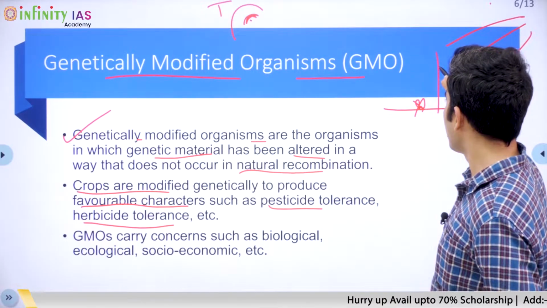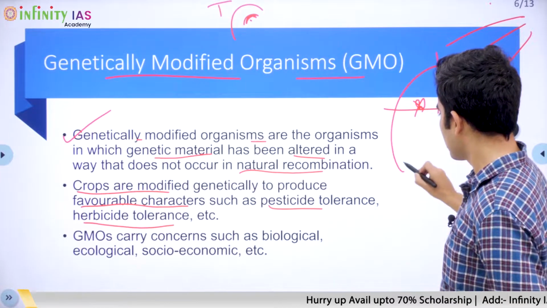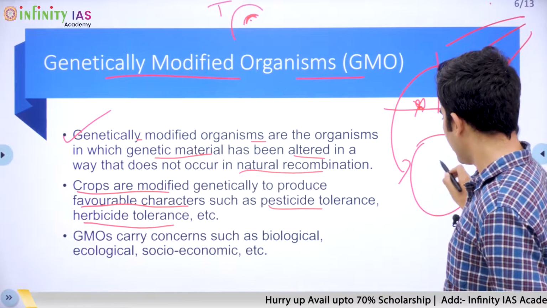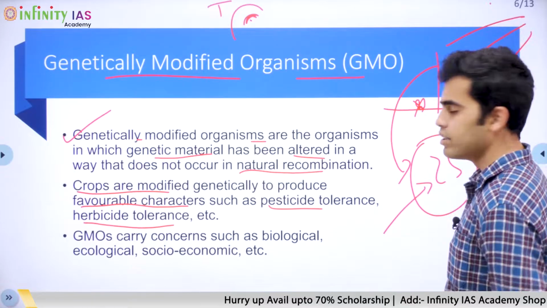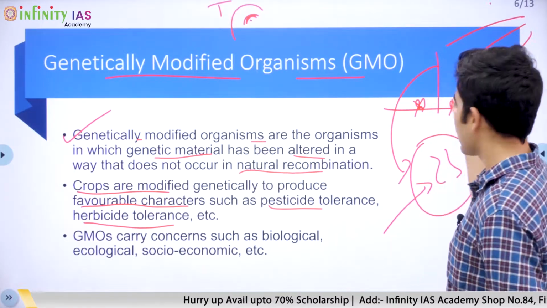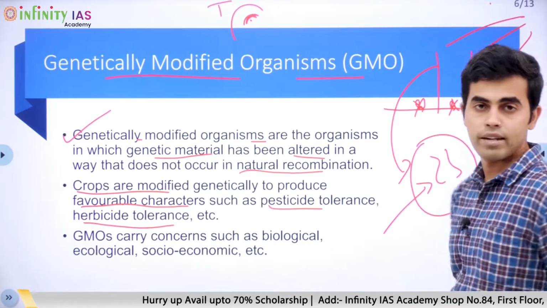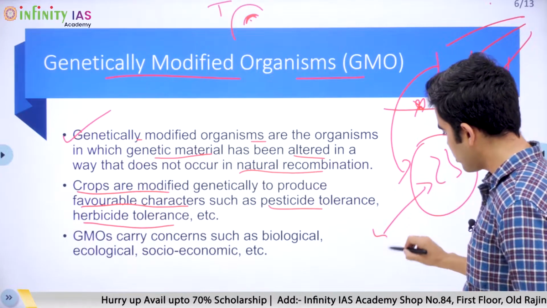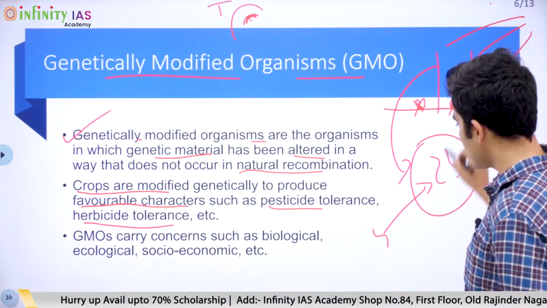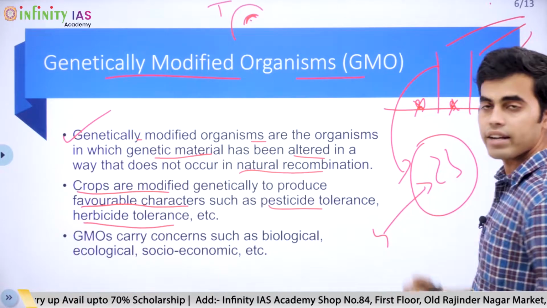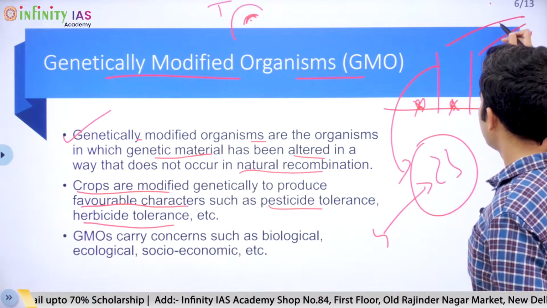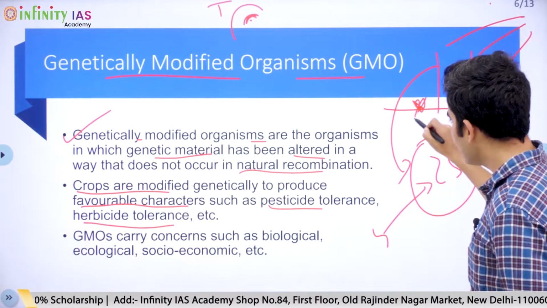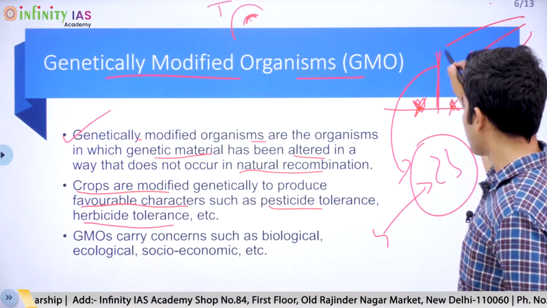So what we can do is take this plant, and in its seed we add one more gene which gives resistance to this herbicide. If we put this gene in the genetic material of this seed and grow the plant, the herbicide will only kill the weed but not the crop.